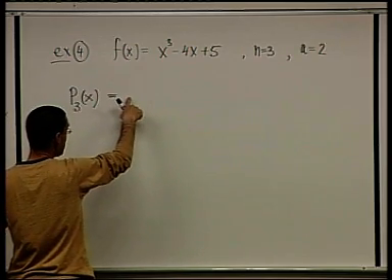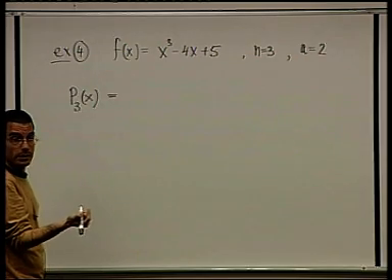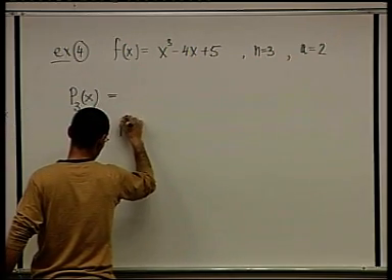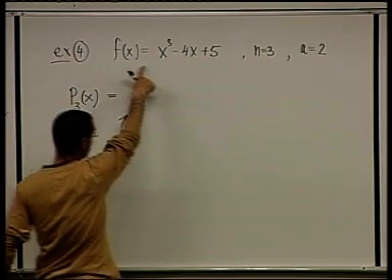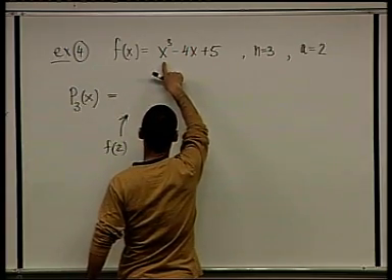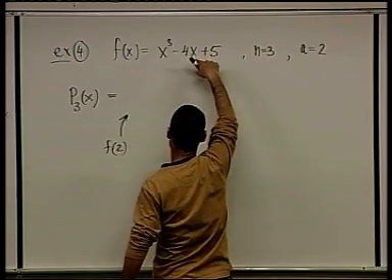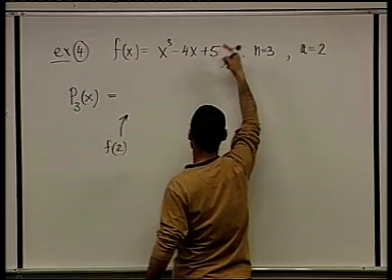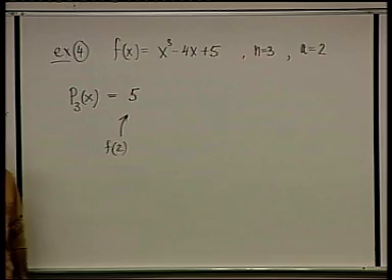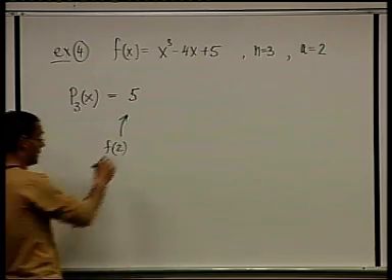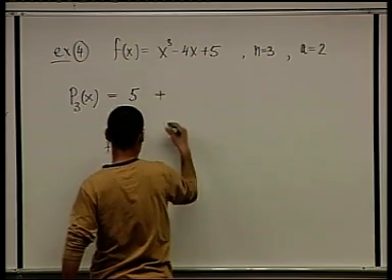So what do I need to write? Here I need to write the value of f at the point 2. Right? F at a. So what is the value of f at the point 2? 2 cubed is 8. Minus 4 times 2, that's minus 8. So it's 0 plus 5, so we get 5. Does everybody agree to this? Plus. Now I need to find the derivative of this thing.